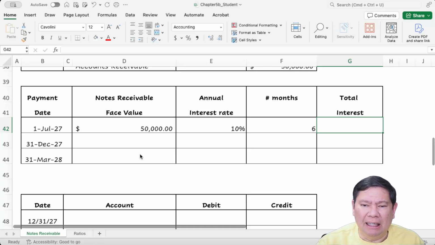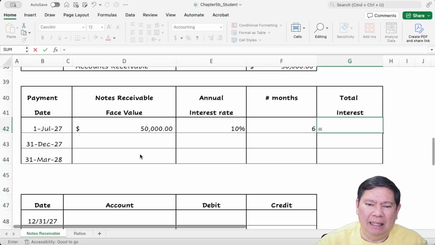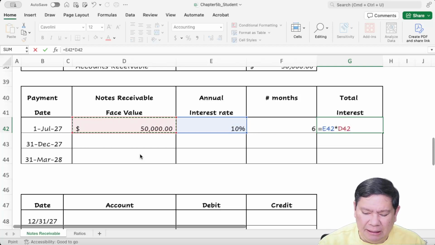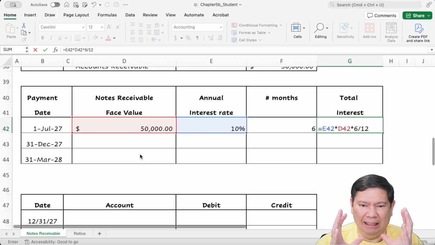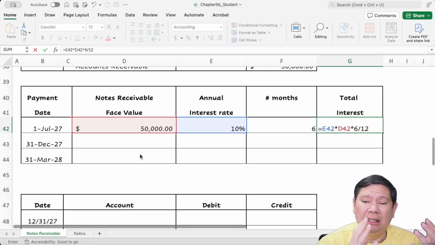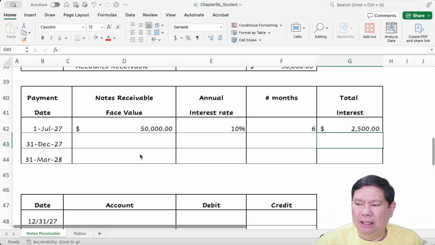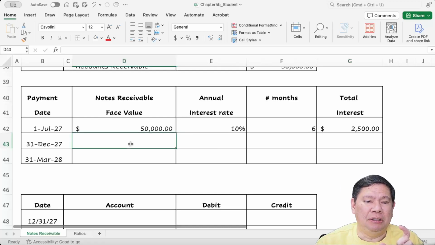That means the total interest that we will receive is 10% times 50,000 times 6 divided by 12 for half year, because that 10% is annual rate, so we have to multiply by 6 months divided by 12 months. So $2,500 is the total interest if it's paid in July 1st, 2027.